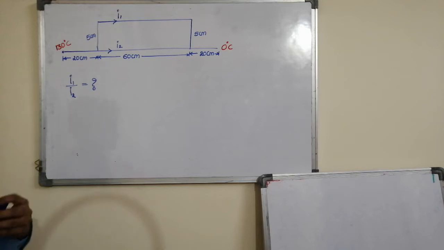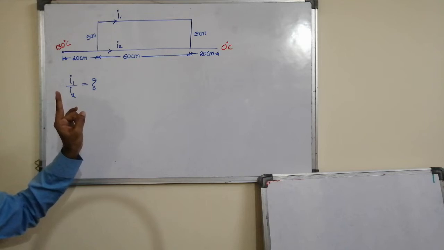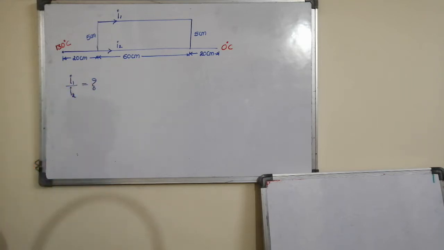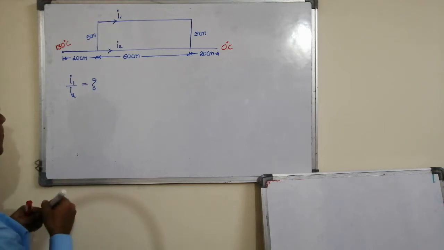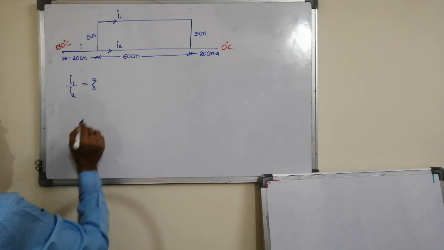Okay, so this problem I will try to solve by comparing with current electricity, right? See here, assume for a minute, here the current I is flowing. I current is flowing in this portion.